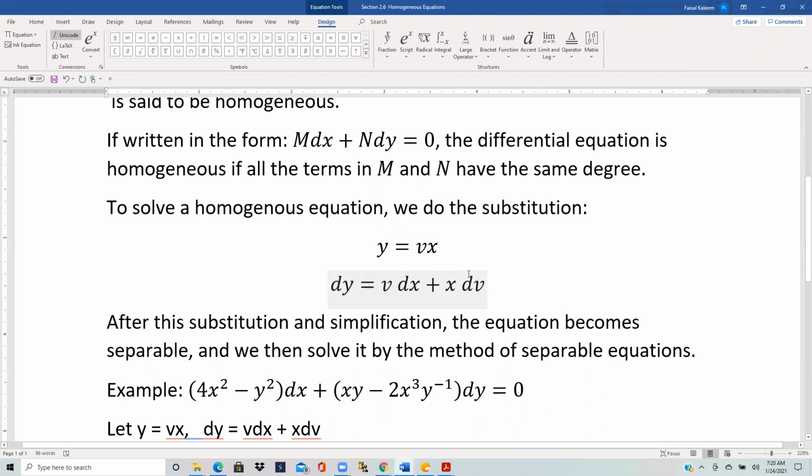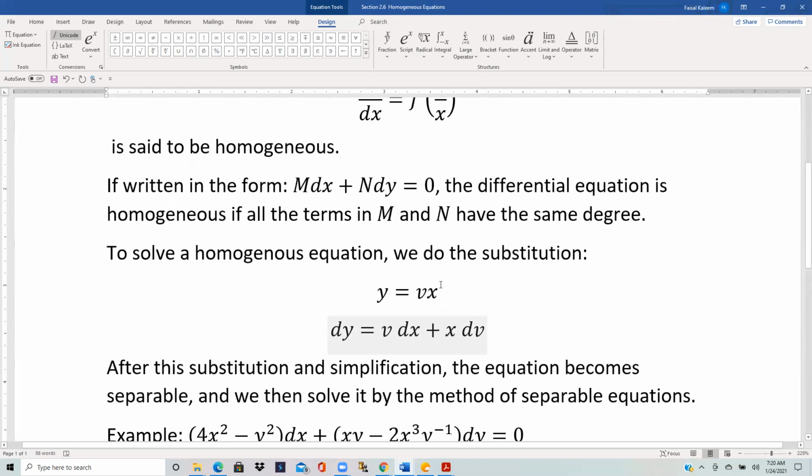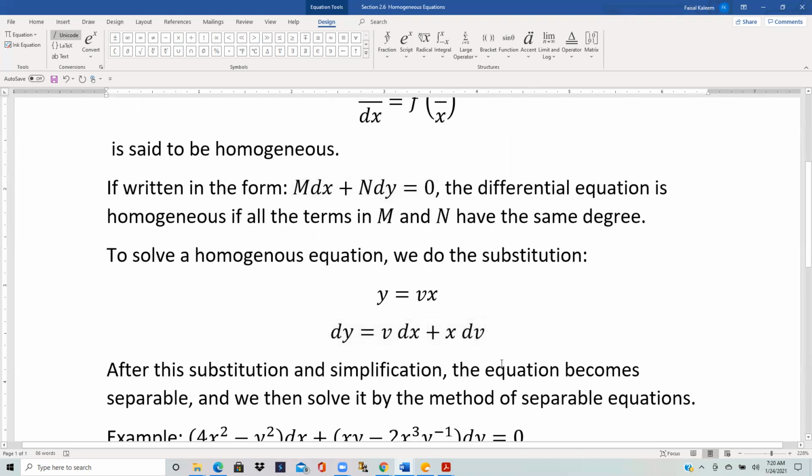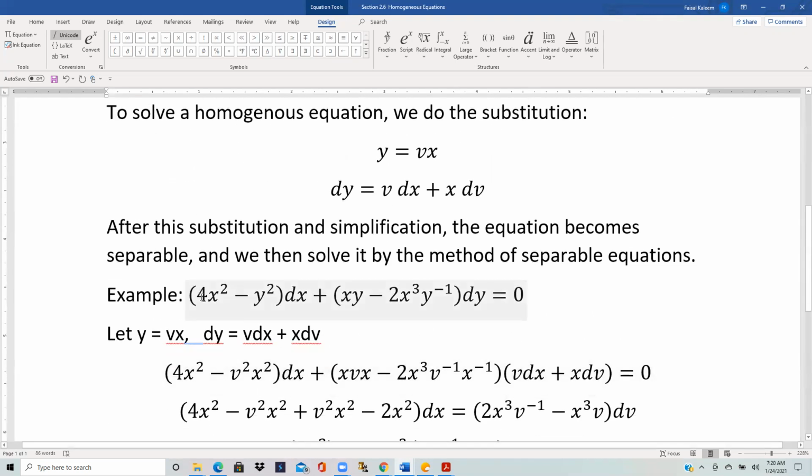So this is the convenient form, dy is equal to v dx plus x dv, if the equation is given in the form m dx plus n dy is equal to 0, which is what the form was for the example that we did last time. So you substitute y is equal to vx, and where you have dy, you substitute this v dx plus x dv.